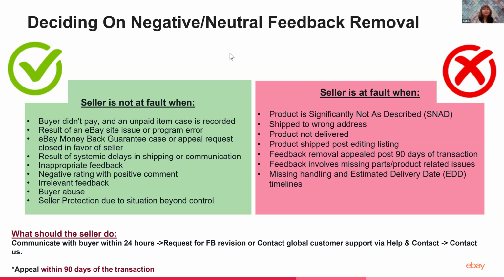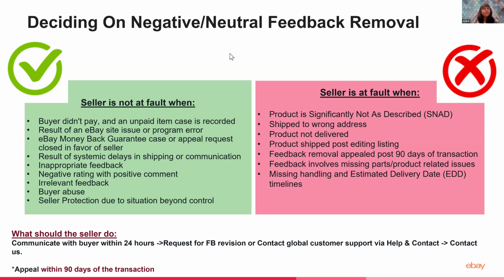That way your message will come to the eBay customer support team and they can definitely help you. But when you feel that you are not at fault, it is important that you appeal for the negative or neutral removal between 90 days from the date of transaction.